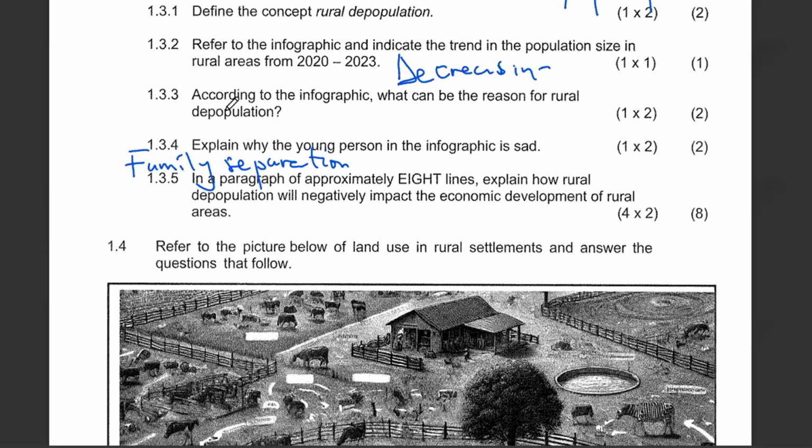So in this situation, we are assuming that this boy's parents are still active and they have left him in the rural areas, maybe with an old granny or with an old grandfather to fend for him. And they have tried to find a way of life in the urban area. That is going to give him sadness because his family is split and is separated because of the effect of people moving away from rural areas going to cities and towns.